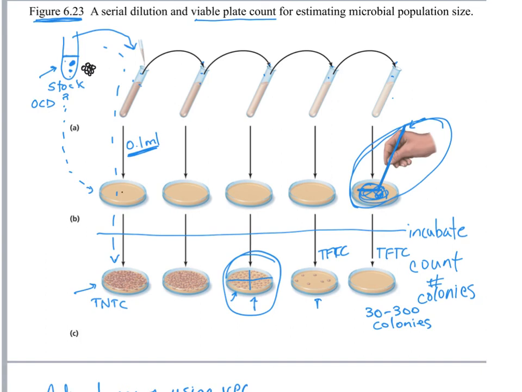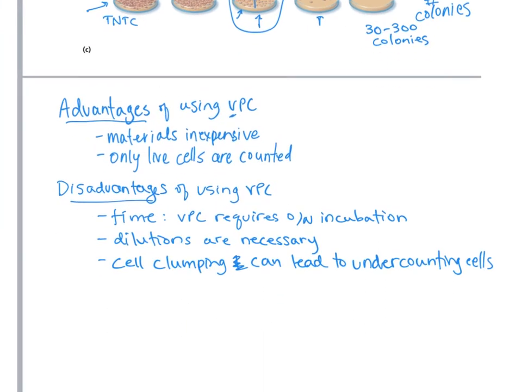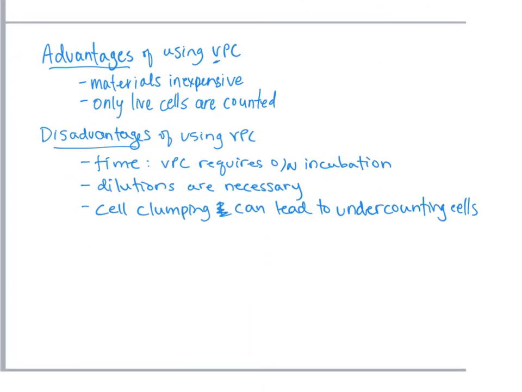You might have a clump of cells here instead of just one cell, and you might have actually a colony grows up from a clump of cells. Okay, so that's going to lead to a little bit of an underestimation to the actual cell count in this original sample. Okay, so when we do our calculations, we use units that kind of remind us of that.